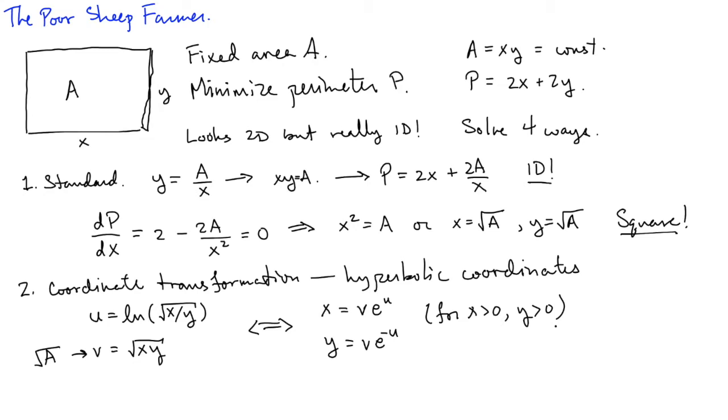So in terms of our new coordinates, the perimeter is still equal to 2x plus 2y. The perimeter is a scalar, so it's just whatever value it is at x and y corresponding to those u and v. And that means it's 2 times v e to the u plus 2 times v e to the minus u.